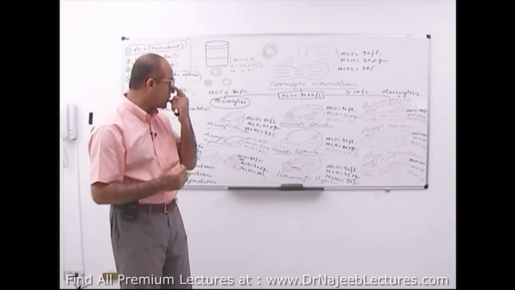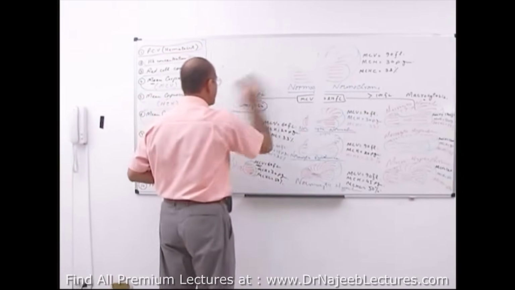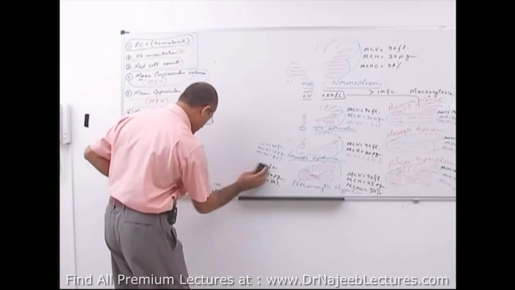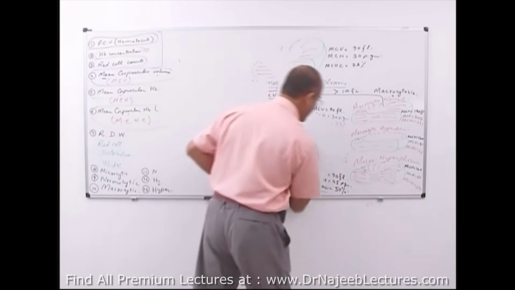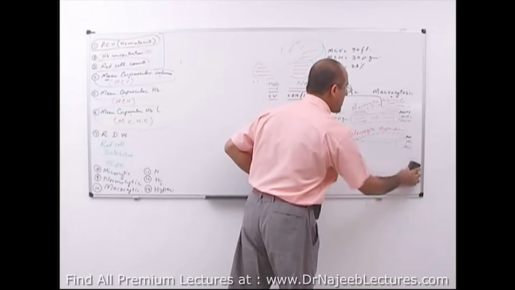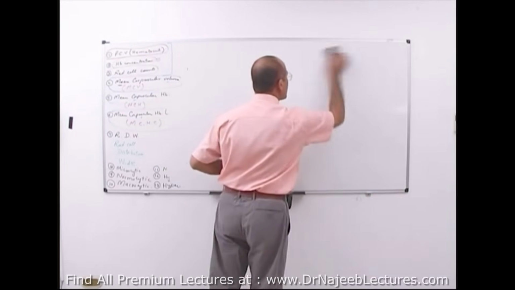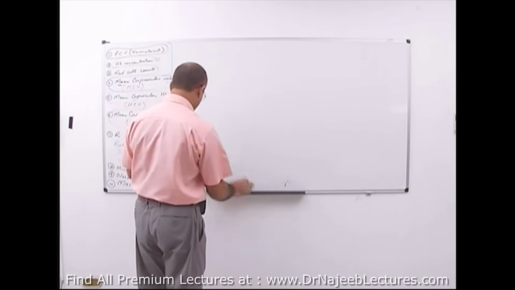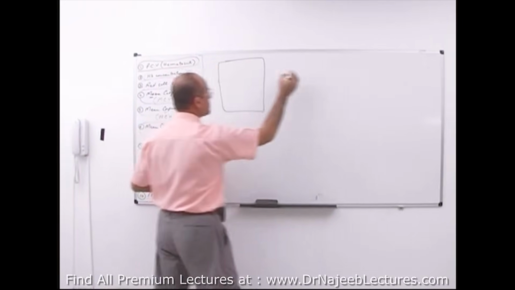Okay, I will make a test for you now, and I will see if you have really understood or not. If you have really understood, then we'll stop the lecture. Let's suppose I put different blood reports here.